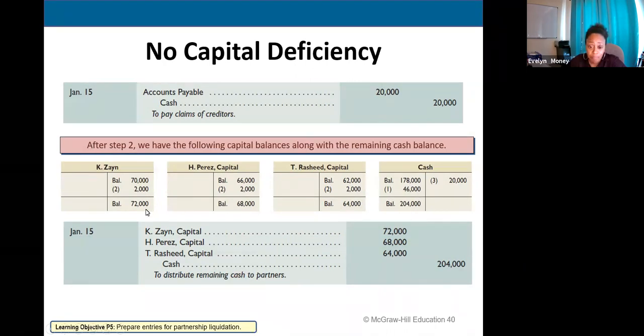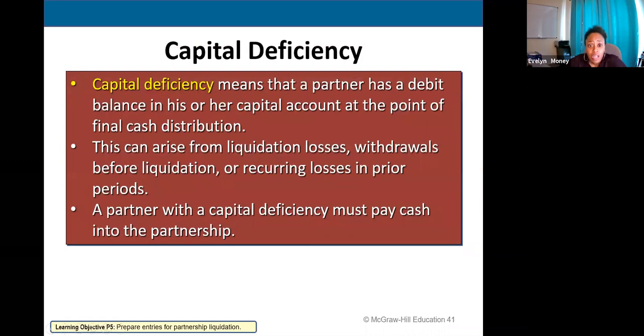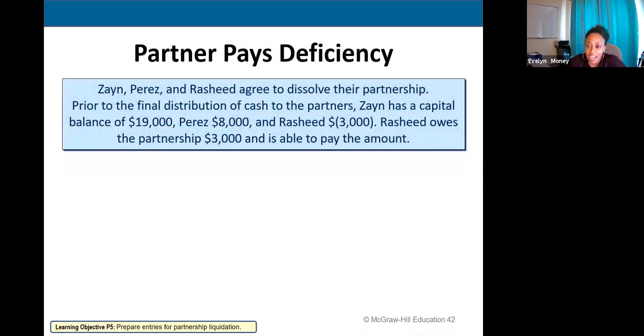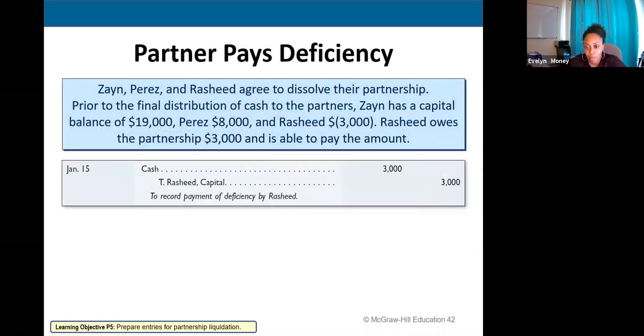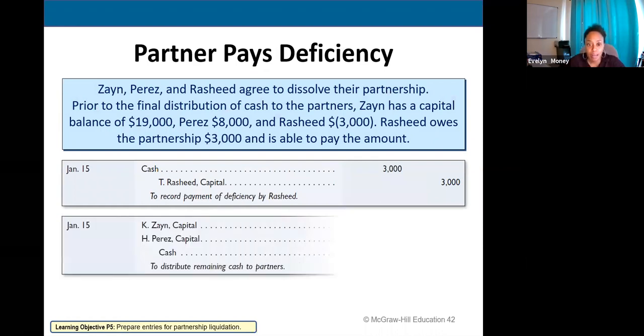We give everybody their money based on their capital balances. No capital deficiency. If there was a capital deficiency, one of these partners would have a debit balance in their capital account. That could happen if a business has suffered multiple losses over time. So now let's look at this, but let's change their capital balances.